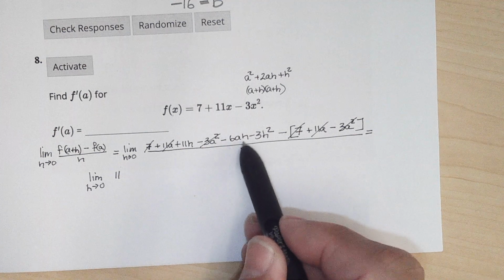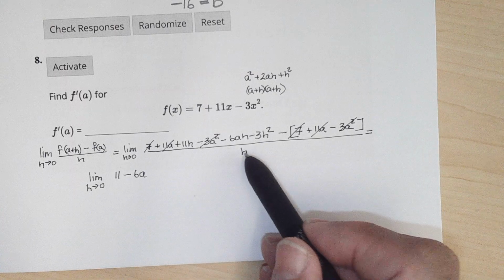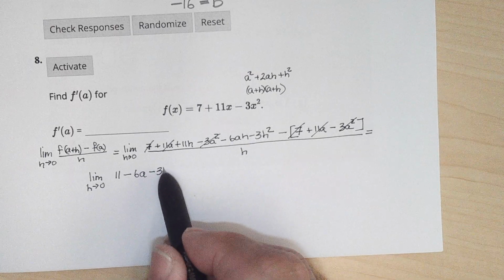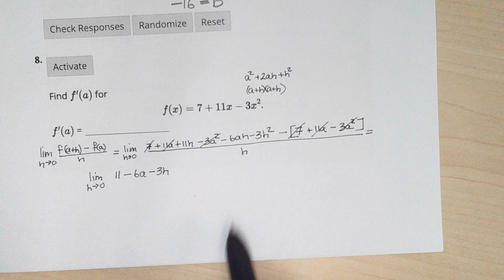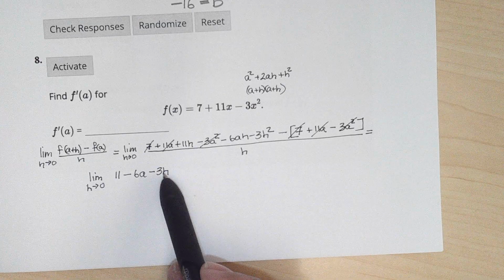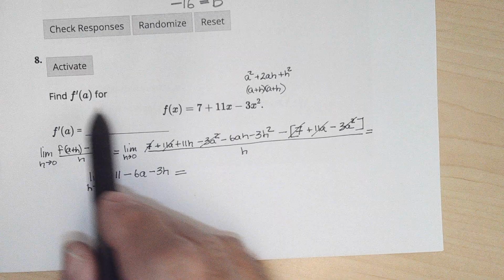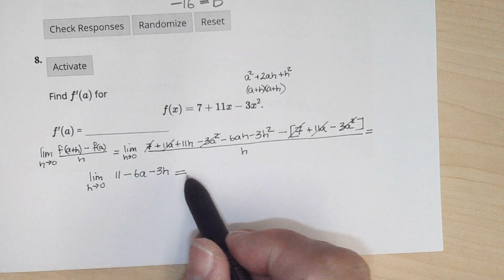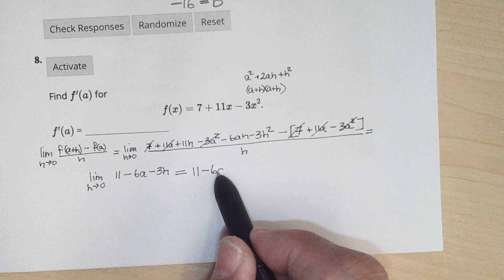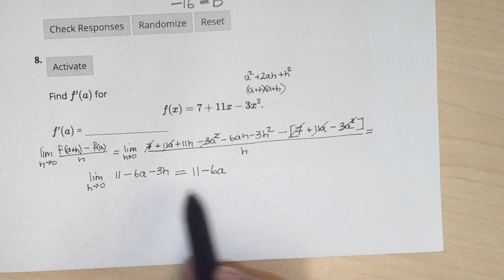I can divide h into that, and I get minus 6a. And I can divide h into that and get minus 3h. And now I don't have division by h, so I can put in the 0, and I get the answer for f prime of a as 11 minus 6a. Okay?